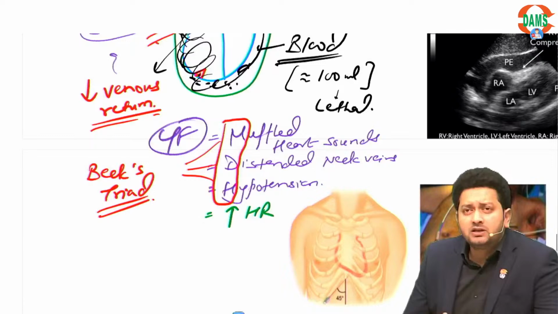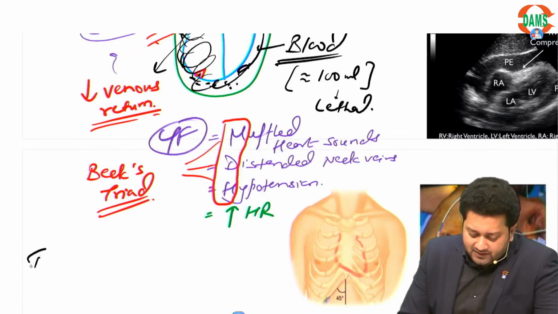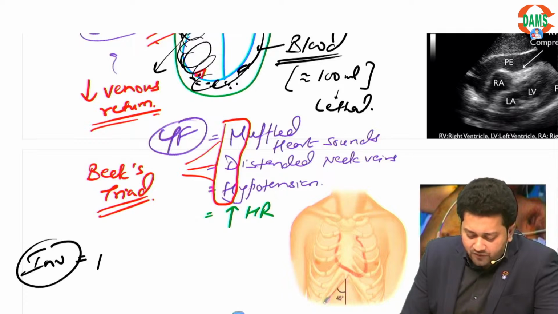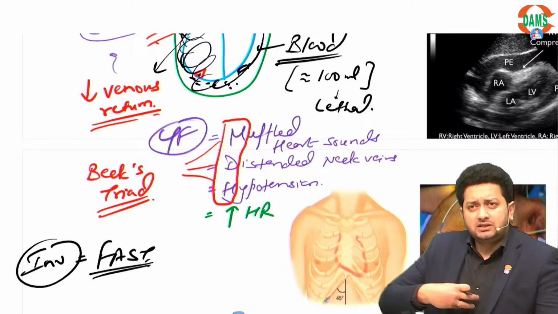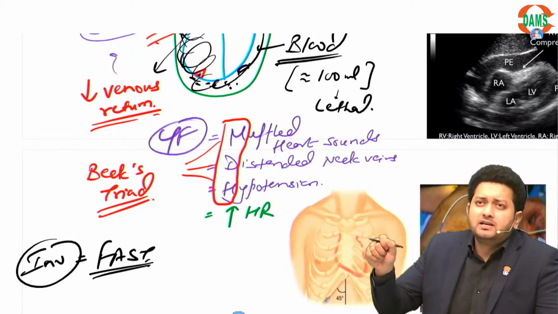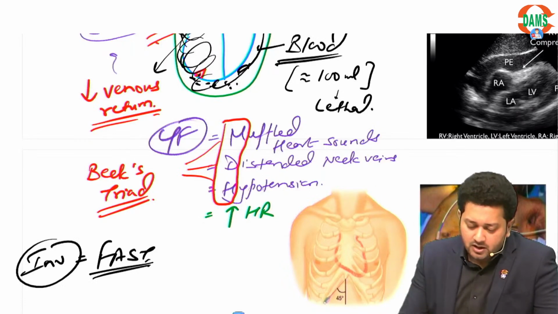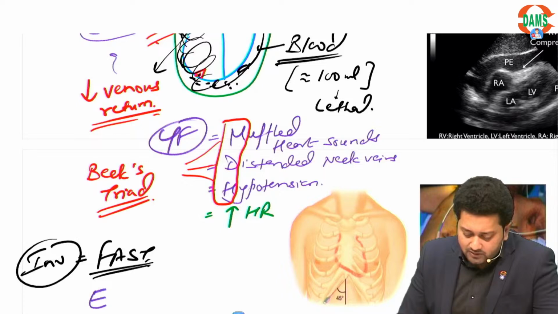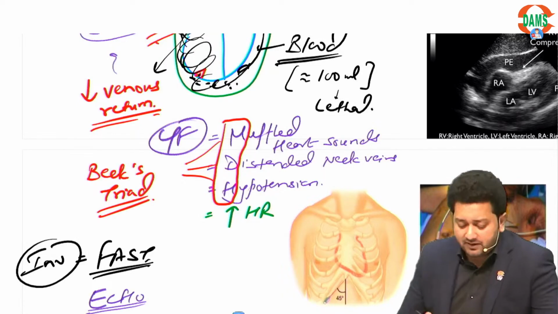Tachycardia is also a feature, but that is not a part of the triad. Investigation, you can go for a FAST, focused assessment sonography in trauma, because the initial probe placement in FAST is in the epigastric region to see the cardiac tamponade only. You can go for echocardiography also, but given the urgency of traumatic cases, FAST is the better answer.